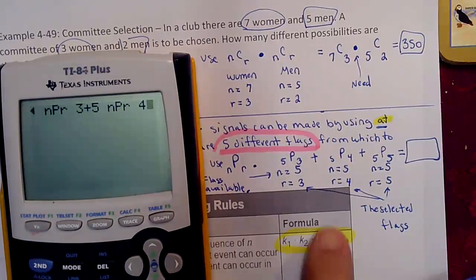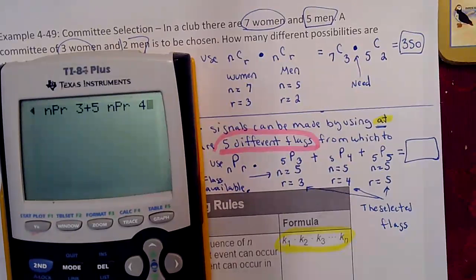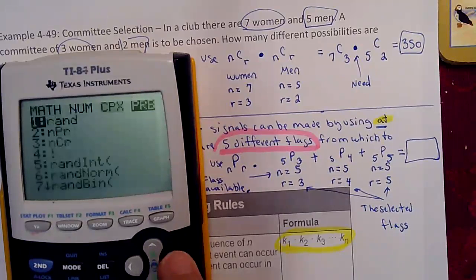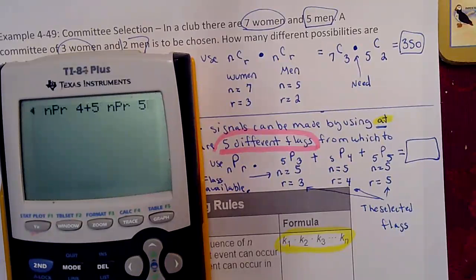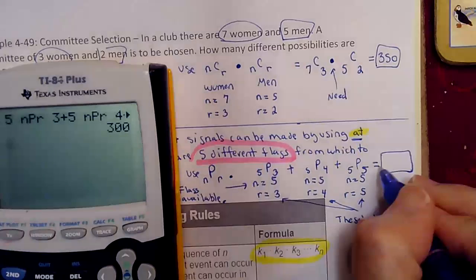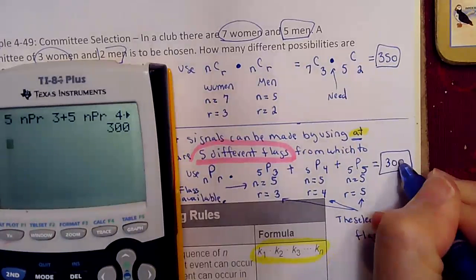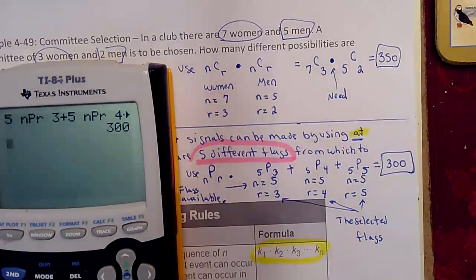And then now we're doing this one. 5. So plus, don't forget plus. 5, math, probability, nPr, 5. And then enter. Yes, and I had gotten 300, so I want to make sure I got 300. Got 300.